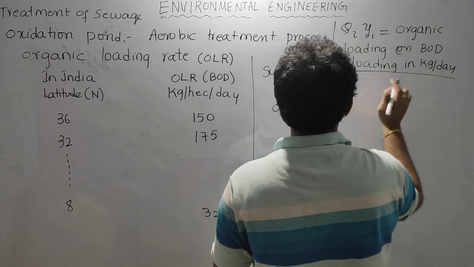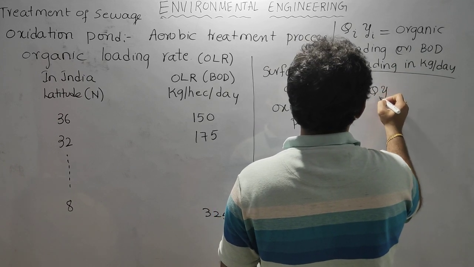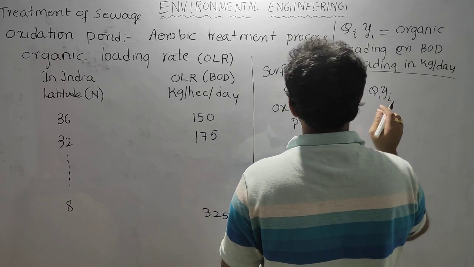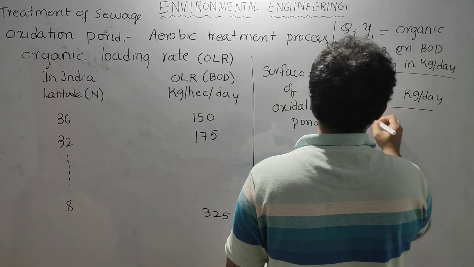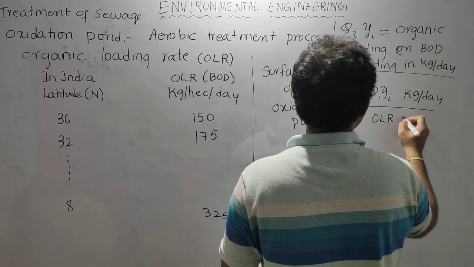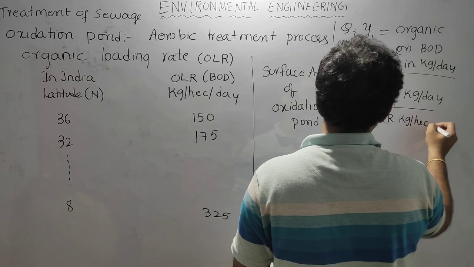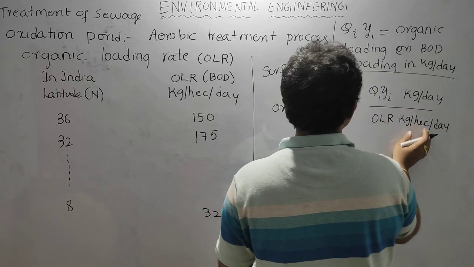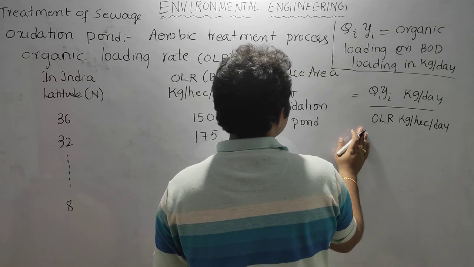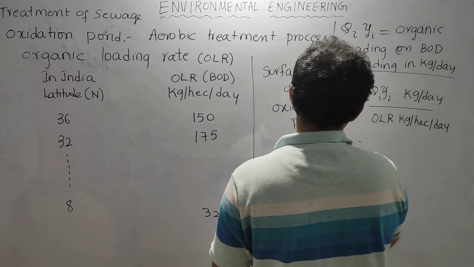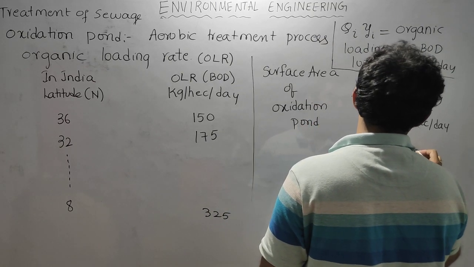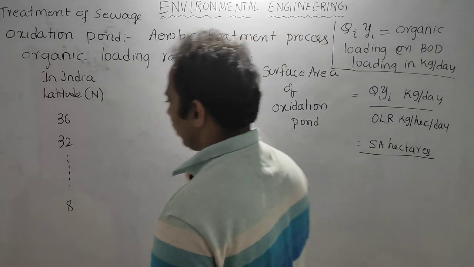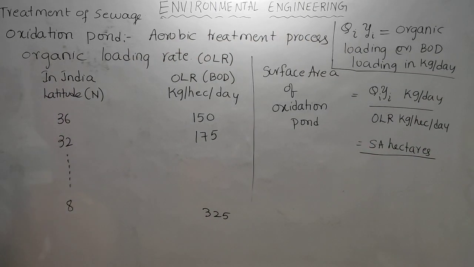If you know this, Qi Yi is the numerator, and its unit is kg per day. And if you know the organic loading rate in kg per hectare per day, then by dividing these two, you will get the surface area in hectares. This is nothing but the design, because depth-wise we have already restricted the depth to 0.5 meter.